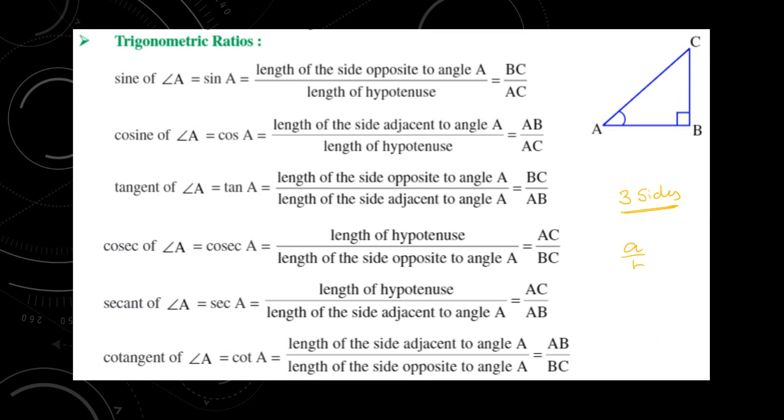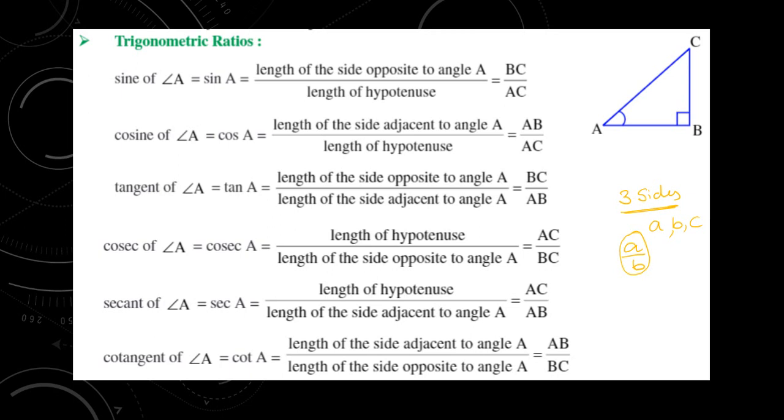A by B. Whenever you want to write a ratio, you consider two quantities and compare them. That is nothing but a ratio. Suppose you have three quantities, then how many ratios can you write? You can write totally 6 ratios.